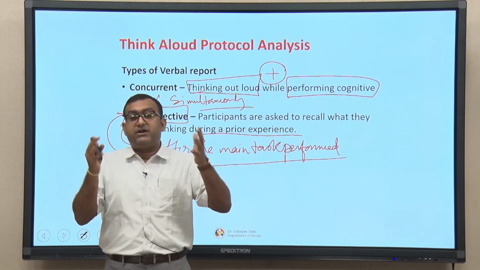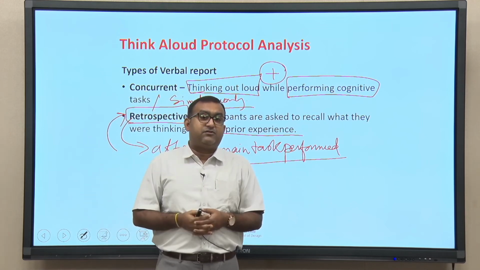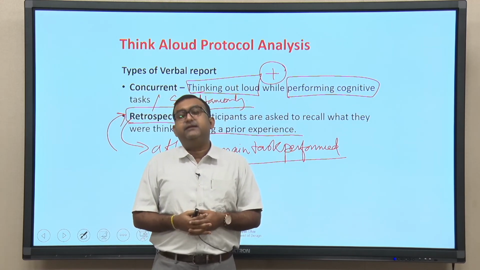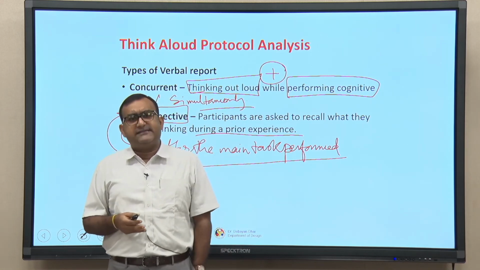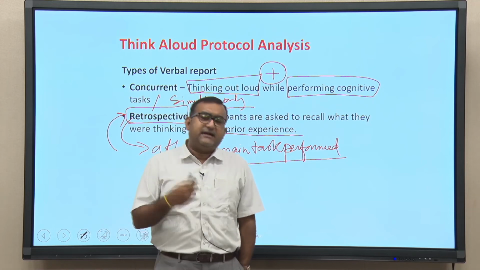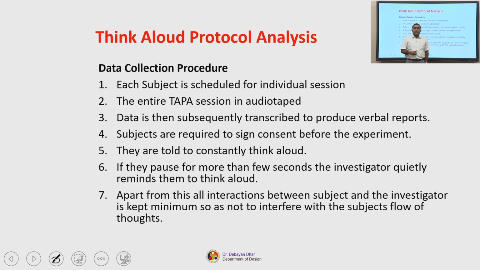In an information heavy task, it is better to go for a retrospective verbal report rather than a concurrent verbal report, but it all depends on the design team and the designer to analyze the situation and take a call on this. Now, what is the data collection procedure for the TAPA session?